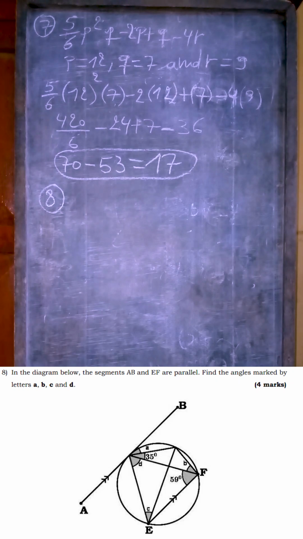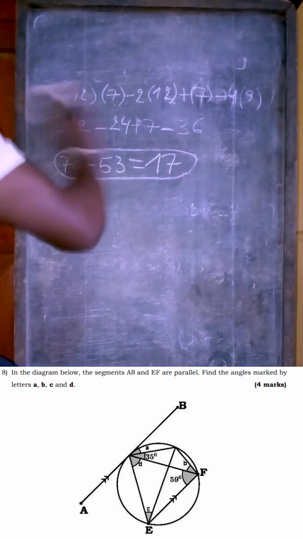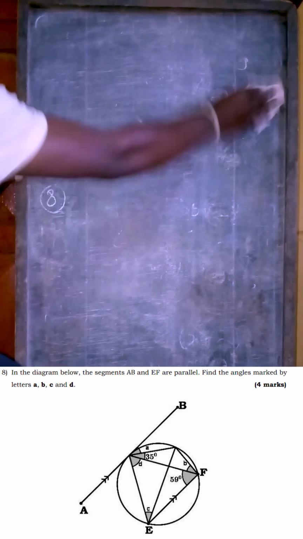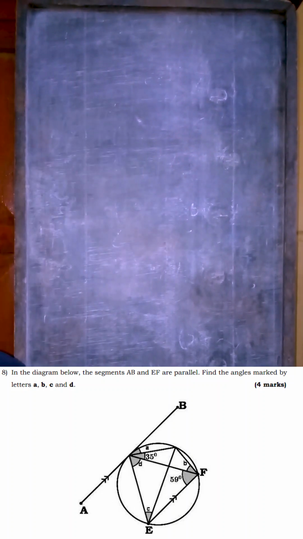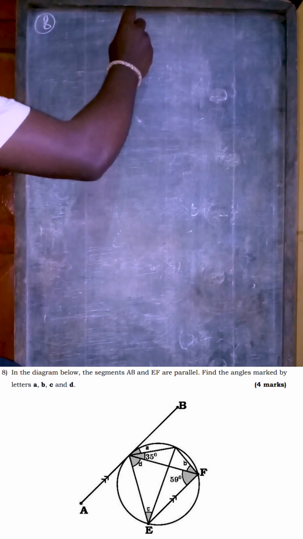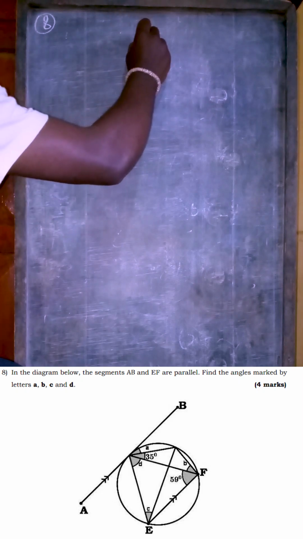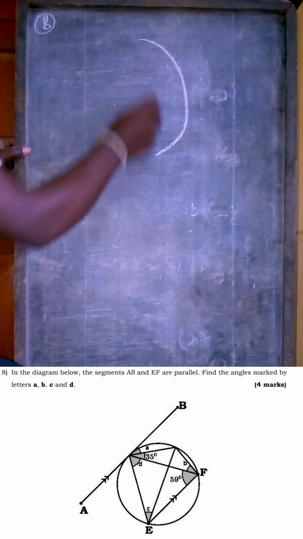We are asked to use the properties we know so as to find the unknown values or unknown variables. Let us draw the diagram here so as to do it perfectly. The diagram for question number 8, of course, is a circle. Let us do it like this. It is a circle like this.